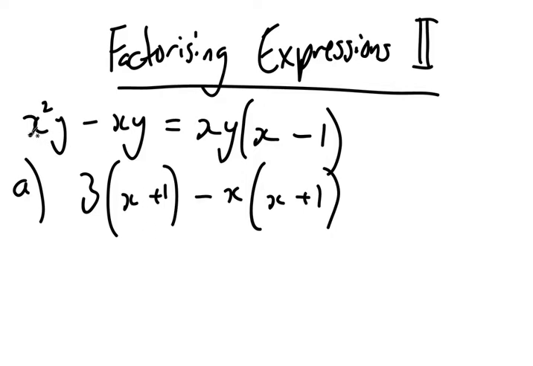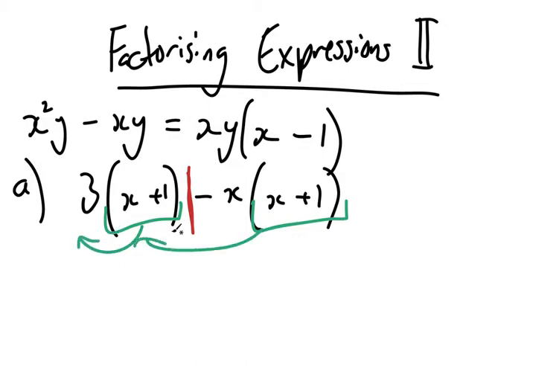In common here I had both an x and a y. In common here, my two terms, I've got this first part here, this second part out the back here. I've got this x plus 1 is in common. So you'll see those two here are both the same. So because they're in common, I'm going to bring them out the front. They both go out the front.